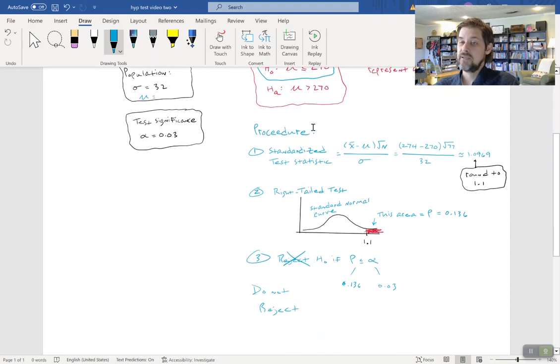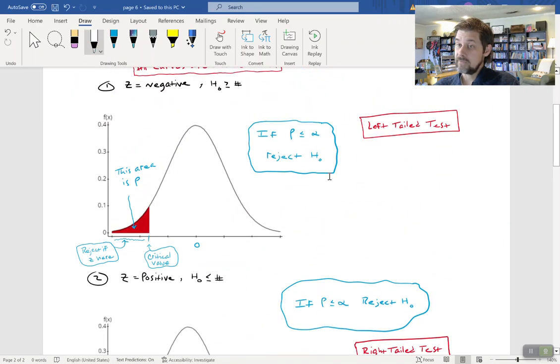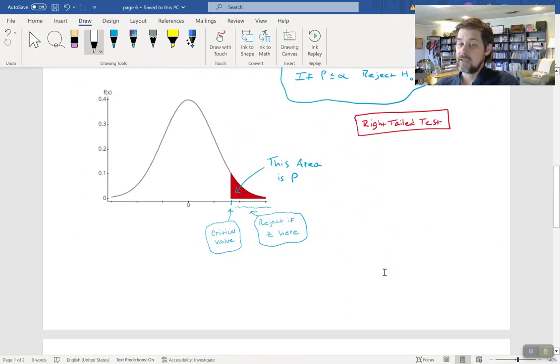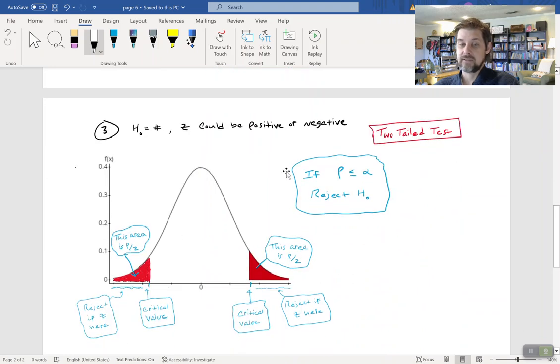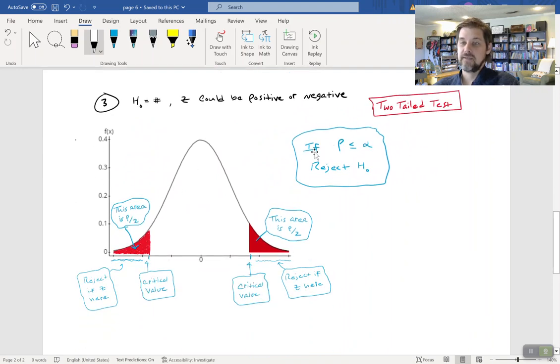Then the procedure from there will be more or less standard. It might vary a little bit if you have a left-tailed, a right-tailed, or a two-tailed test. I'll make another video with an example on a two-tailed test, but we still calculate this number P, we judge if it's less than or equal to alpha, and then decide to reject or accept the null hypothesis.